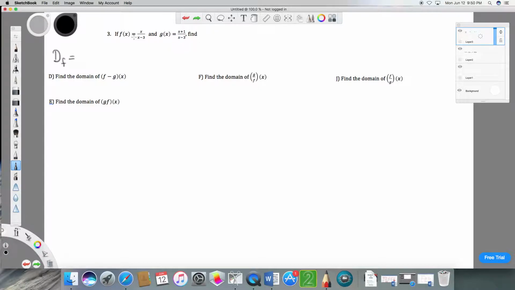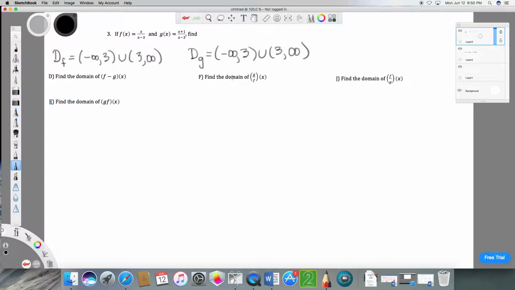We do have a variable in the denominator, so we have to avoid the number 3, because 3 minus 3 gives us a 0. So the domain for f is all real numbers, excluding the number 3. And the domain of g is the same. It has the same denominator, so it's all real numbers, excluding the number 3.